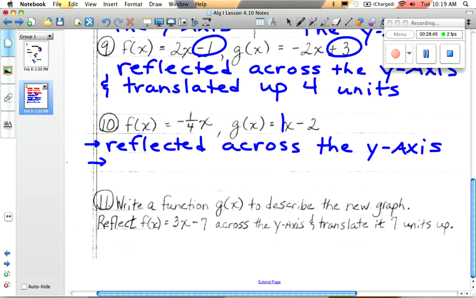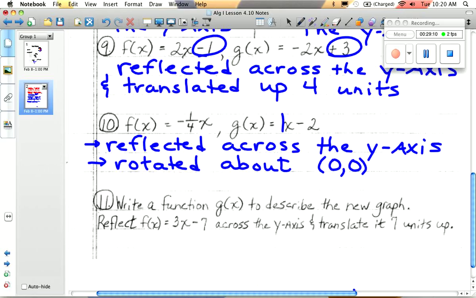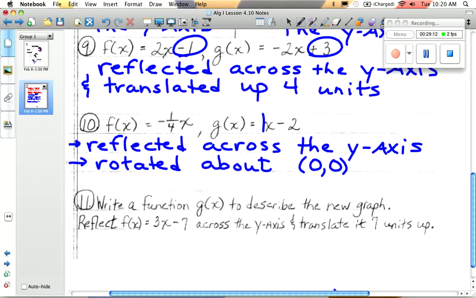A rotation. It was rotated about, remember what it's rotated about? The y-intercept. What's the y-intercept of this one? 0, 0. And when we talk about a rotation, we don't only talk about where it turned across, we also have to talk about did it get steeper or less steep.